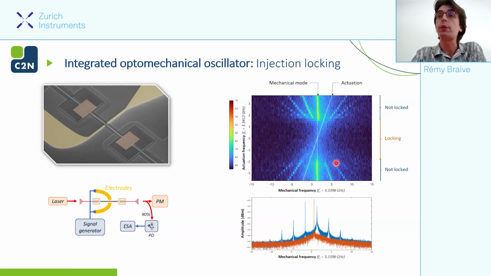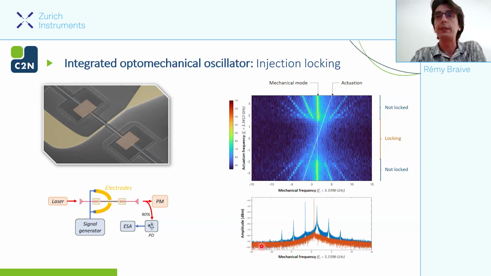And at one point, we have a locking range where the drive and the mechanical mode are locked. And then when we increase the frequency of the actuation again, we come back to a non-locked state, and we see the beating again between the two frequencies.